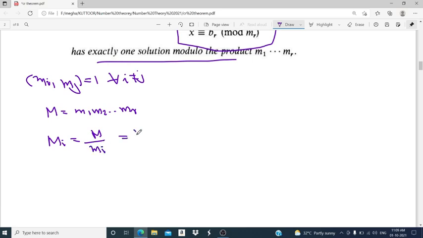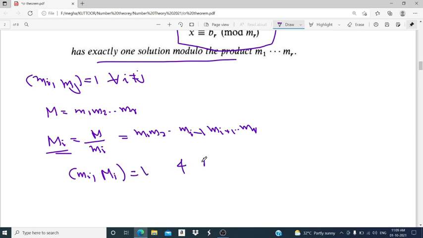That is, we will get m1, m2, etc., m(i-1), m(i+1), etc., mr. That is, capital Mi does not contain the term small mi, or we can say that GCD of mi and capital Mi is 1, and all other terms small mj divide capital Mi. Only small mi does not divide capital Mi, all other terms divide capital Mi.